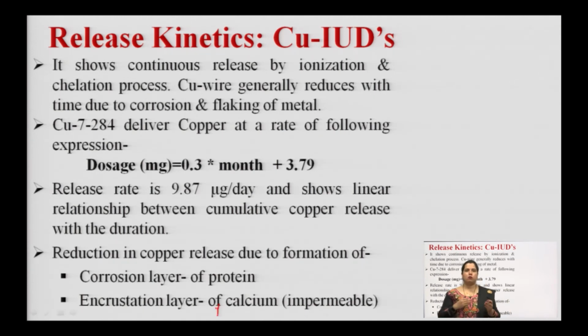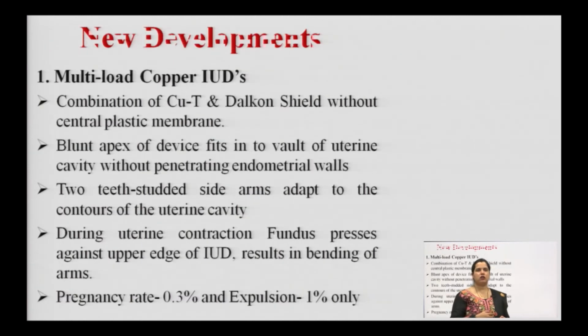The protein layer can be present on the device, which may hinder the copper ion release, and the encrustation layer of calcium is impermeable and does not allow copper to pass through. So, these are the factors which restrict copper ion release.